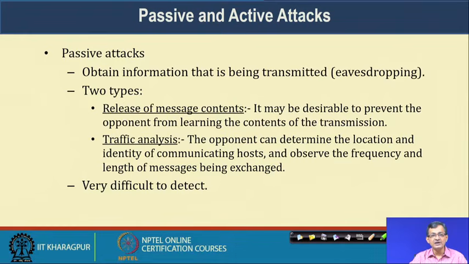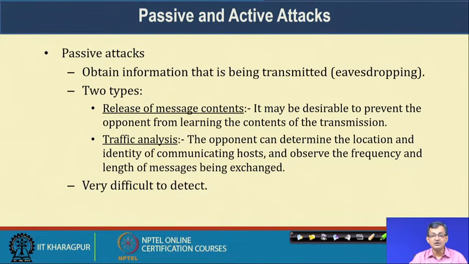There are two types: release of message content, where it may be desirable to prevent the opponent from learning the content of a transmission. And traffic analysis, where the opponent can determine the location and identity of the communicating hosts, and observe the frequency and length of messages. It is very difficult to detect this type of passive attack, because it does not show any manifestation on the system.